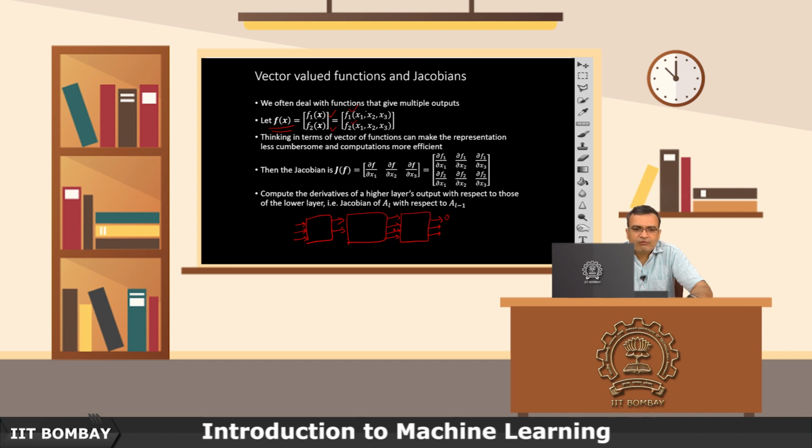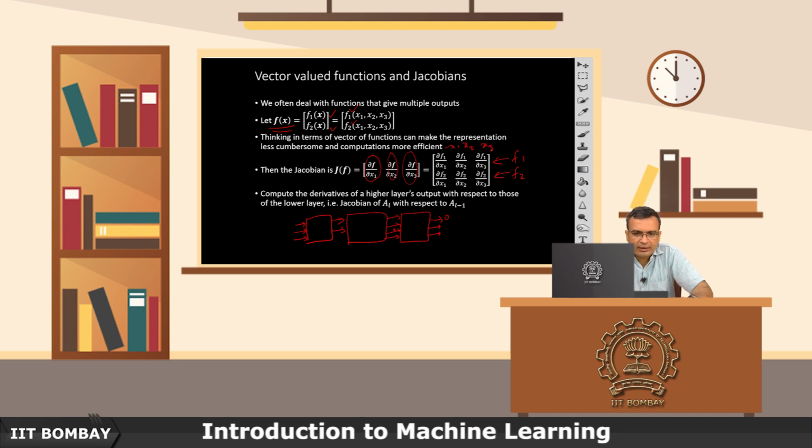Now if we take its derivative, we take the derivative of the vector-valued function with respect to the first input, then with respect to the second input and the third input. These are going to be the columns, and the rows are going to be the different dimensions of f: this is f1, this is f2, and these are x1, x2, and x3.